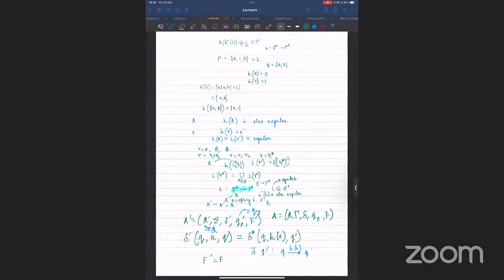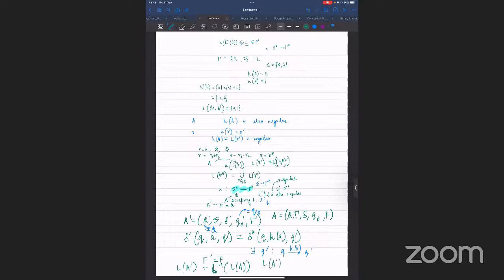Now you have to prove that indeed L of A prime equals H inverse of L of A. Once you have the construction, you need to prove this. How are you going to prove this? In two ways.